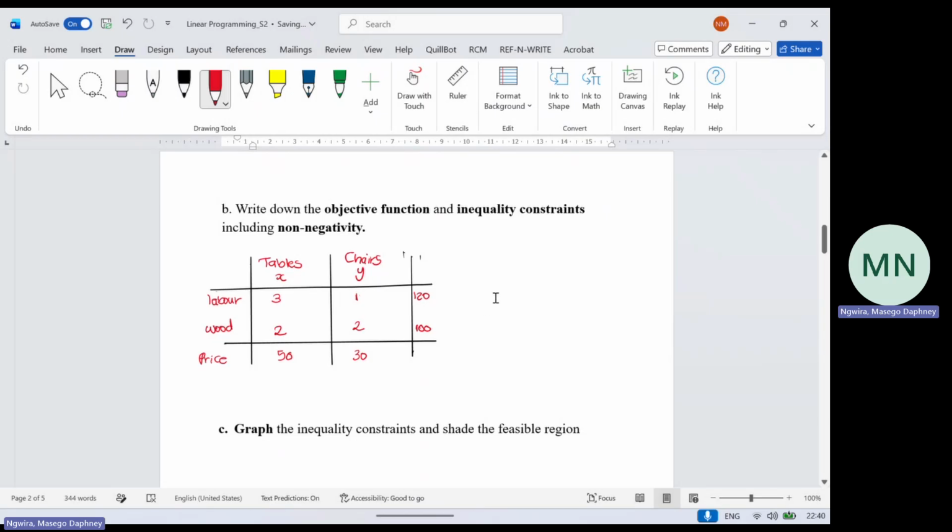Now I'm going to start answering. The first question, they're looking for the objective function. I'm just going to write it here first.